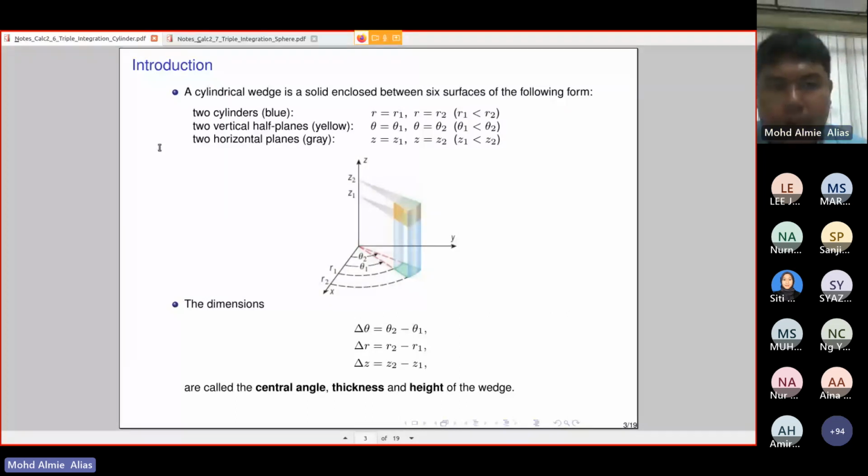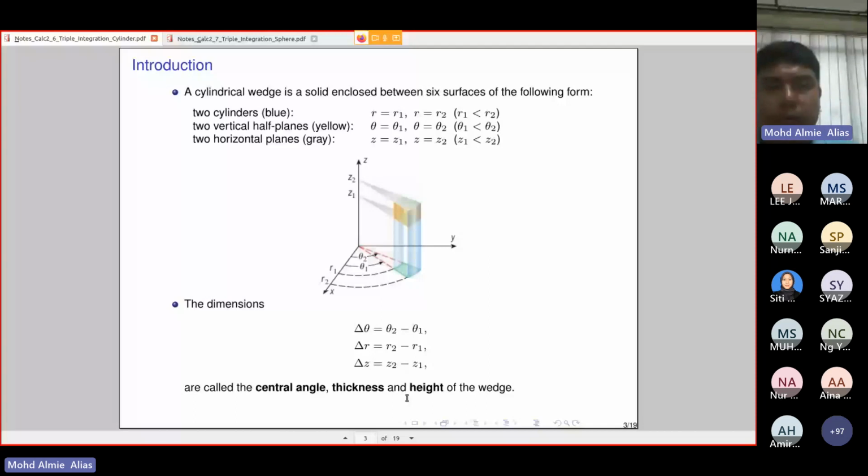You have the cylinder, vertical half planes, and horizontal planes. And this is the difference between every quantity. For example, delta theta, which is the difference between the angle, is called the central angle, and for r it is the thickness, and for z it is the height of the wedge.